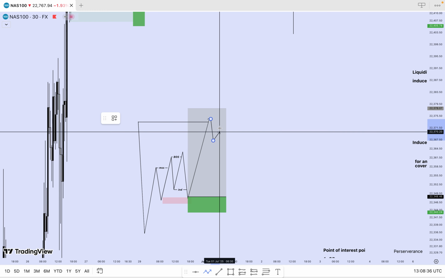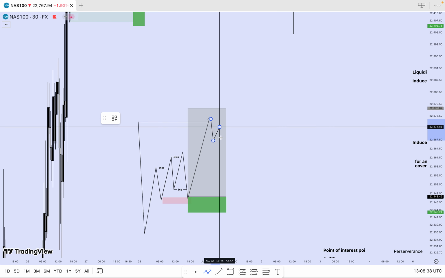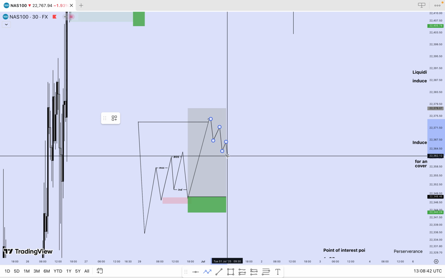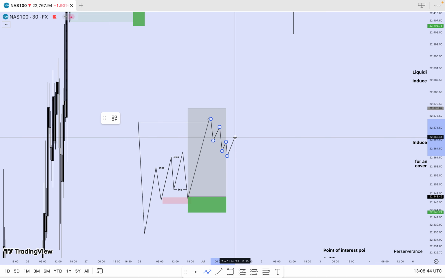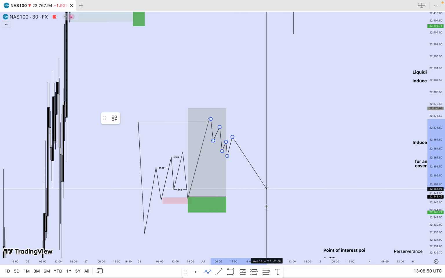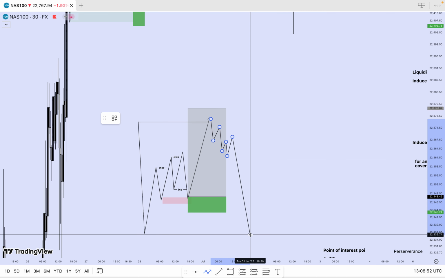So if price comes here and the market gives you a market structure shift, you have your inducement, and then you take a sell position. Now price is going to find its way to the external low of that same time frame.